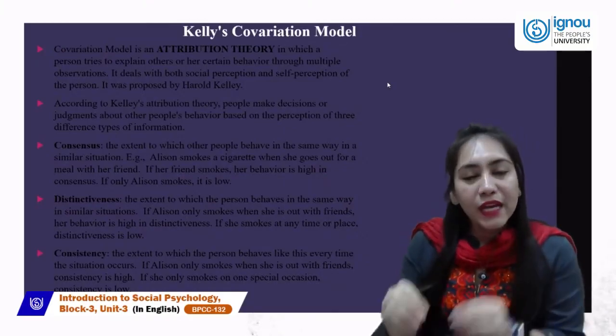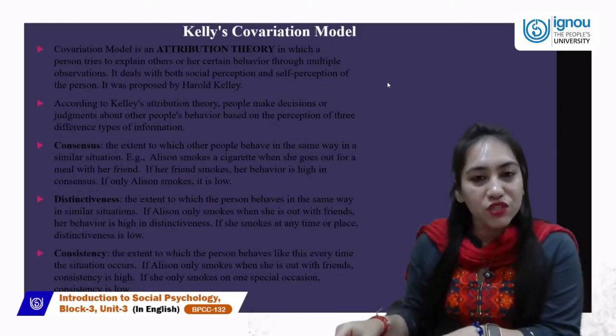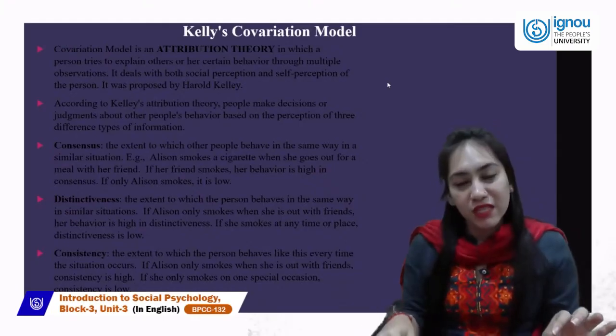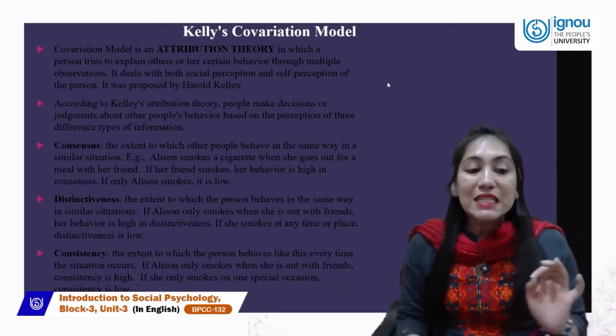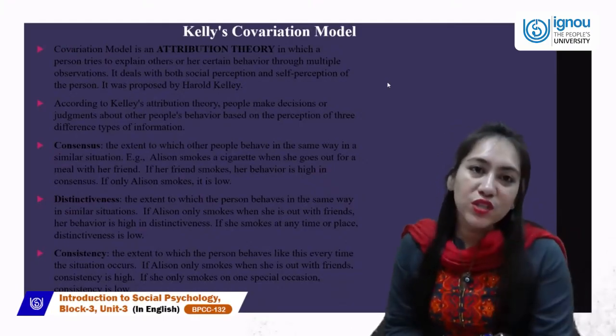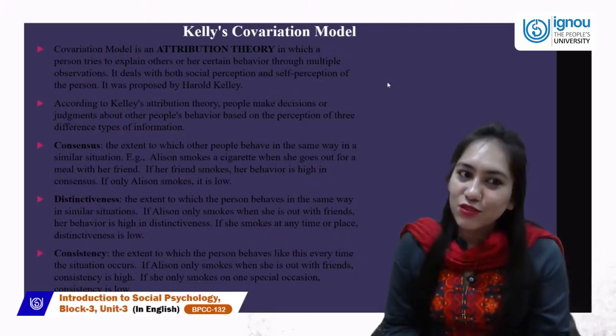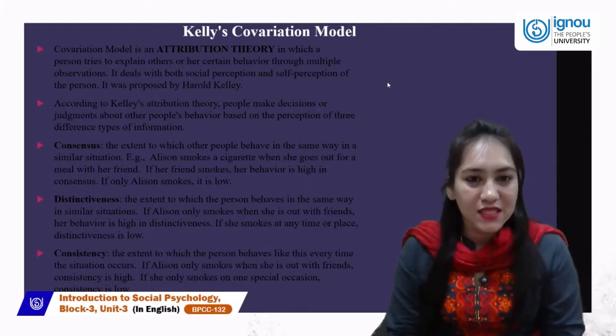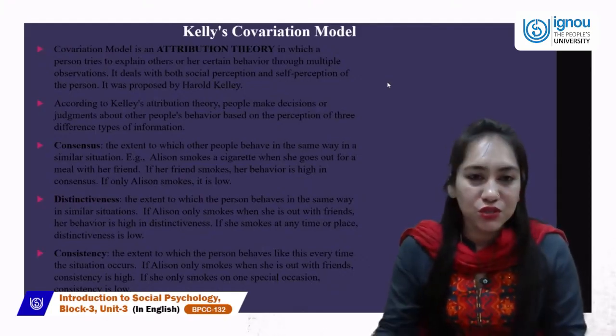Consensus is when you behave in a similar way in the same kind of situation. Distinctiveness is when other people behave in the same way in a similar situation. Consistency is whenever this situation occurs, you behave in the same pattern. So it should be high consensus, high consistency and low distinctiveness.